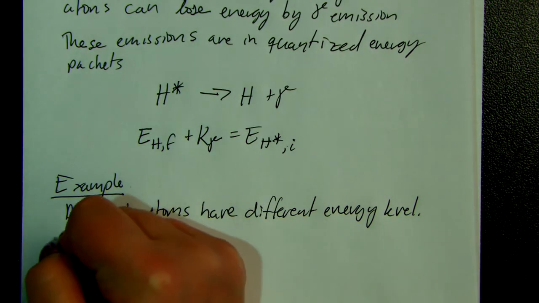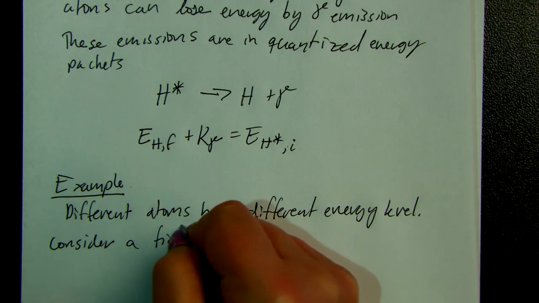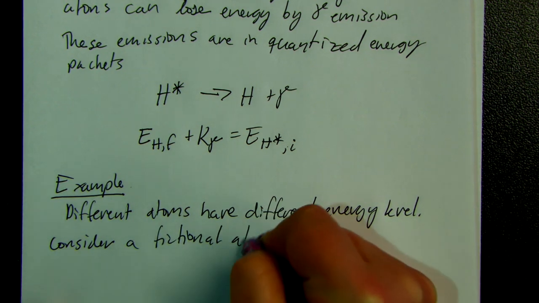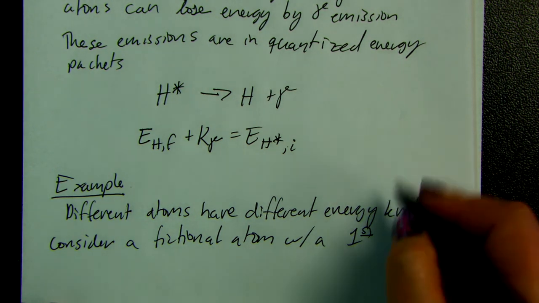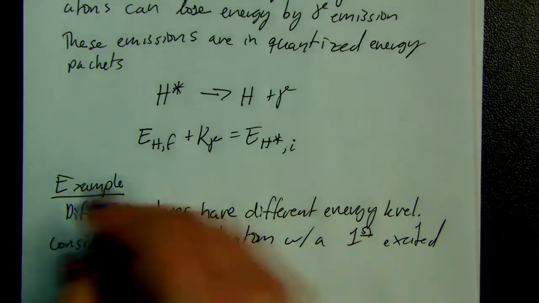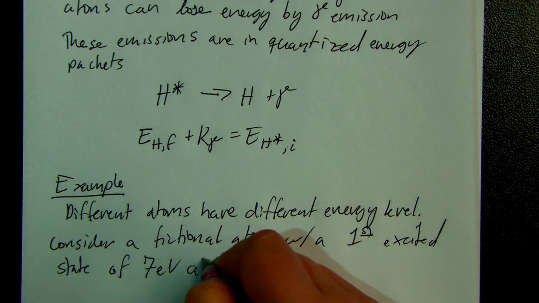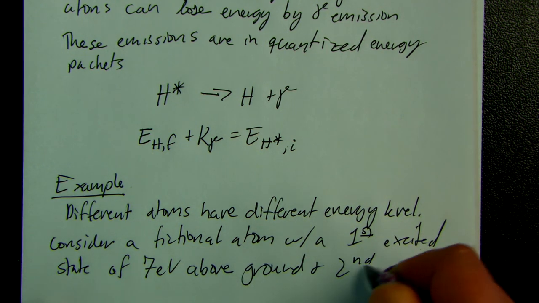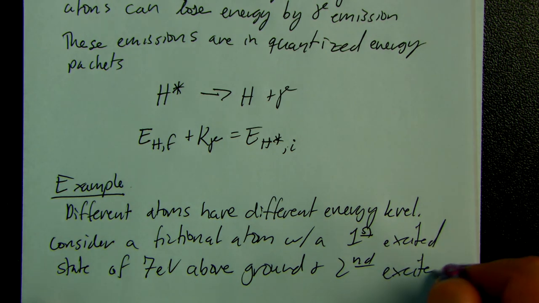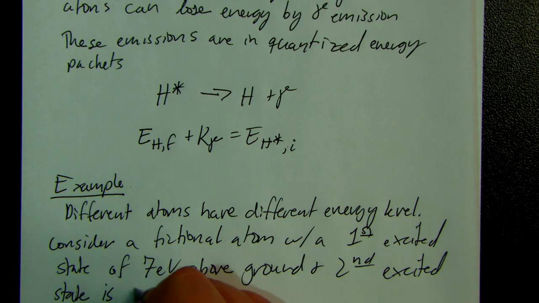So let's consider a fictional atom with a first excited state of 7 eV above ground, and the second excited state is 9.2 eV above ground.